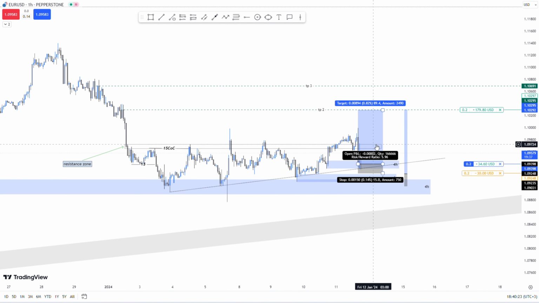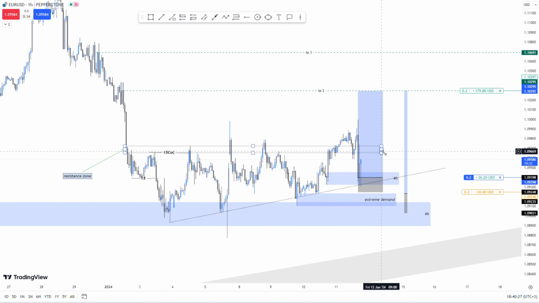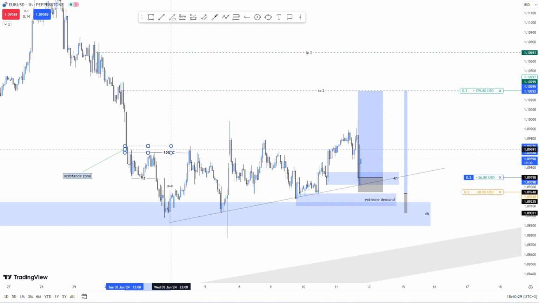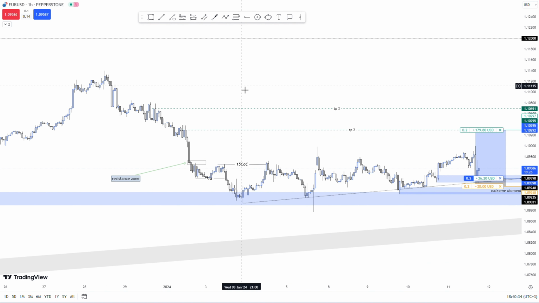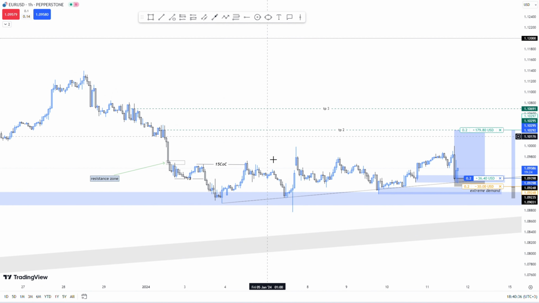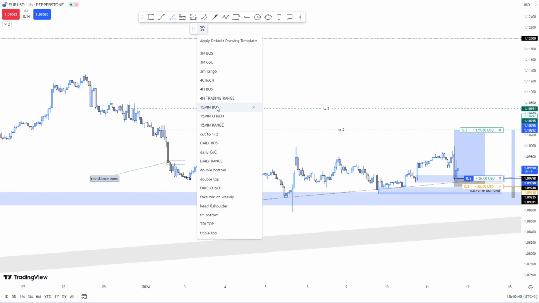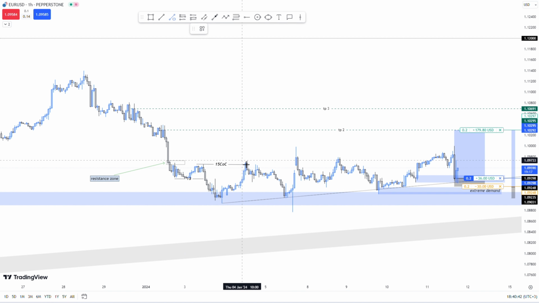As you can see, there was a change of character. And after the change of character, we can clearly see there's another break of structure right here.